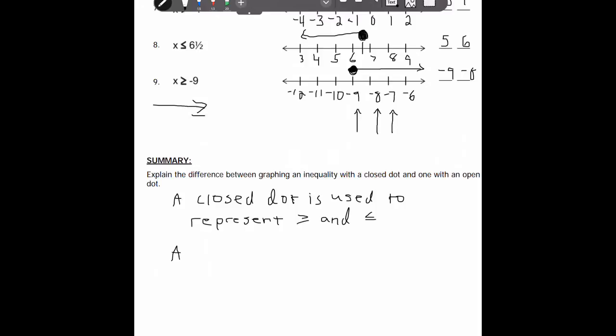And an open dot is used to represent the greater than and the less than symbol.